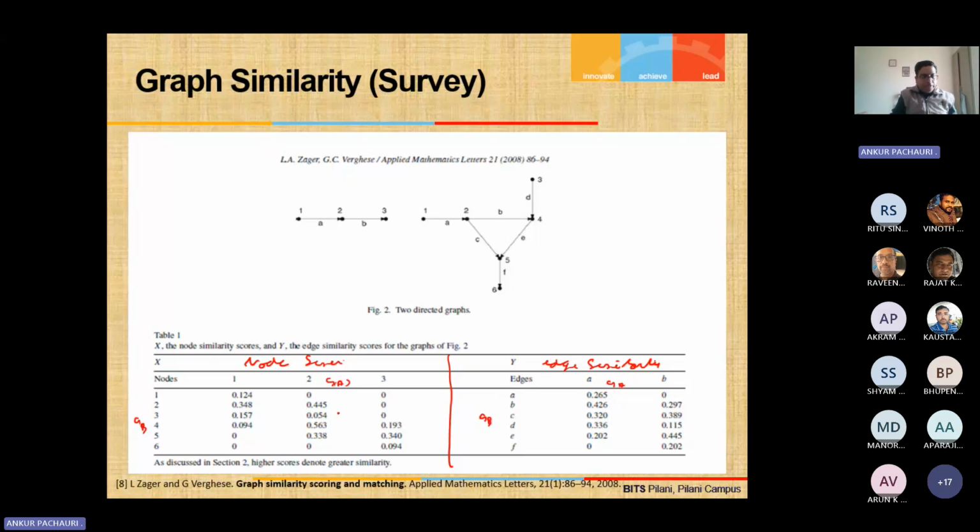So this gives me the similarity. Suppose, for example, if this is the value, what does this mean? This is the similarity score of node 4 from GB and node 2 from GA, and suppose this is the similarity score of edge D from GB and edge B from GA.